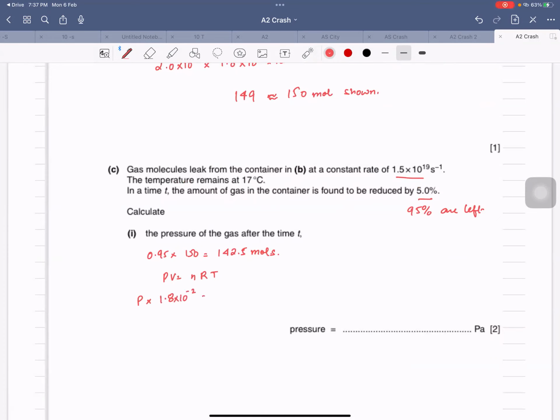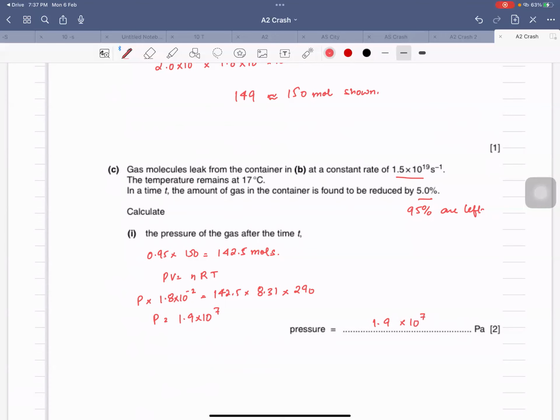And n will now be 142.5, R is 8.31, and temperature is the same. So what do you get? 1.9 times 10 raised to 7 pascals. Do you guys understand the question now?